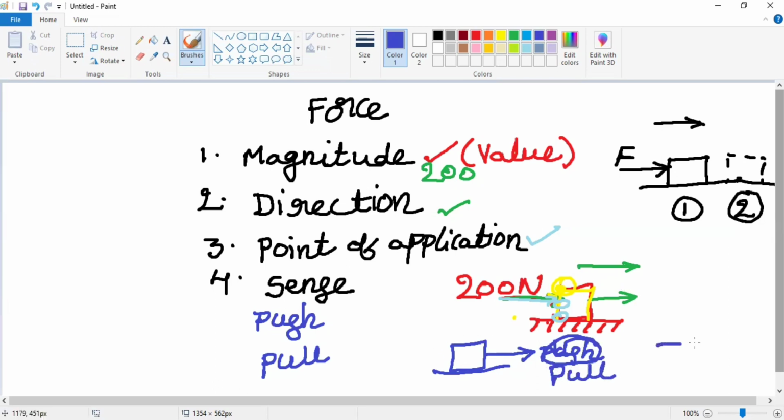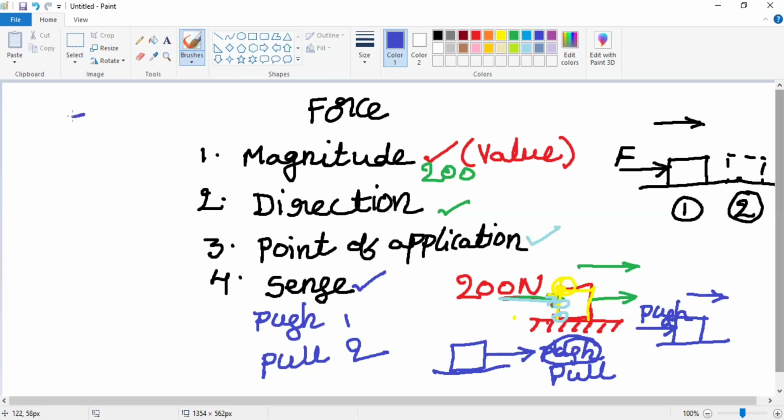Whereas with the same body, if you apply the force in this way, it is a push applied on the body. So sense means either push or pull. These are the important characteristics of force.